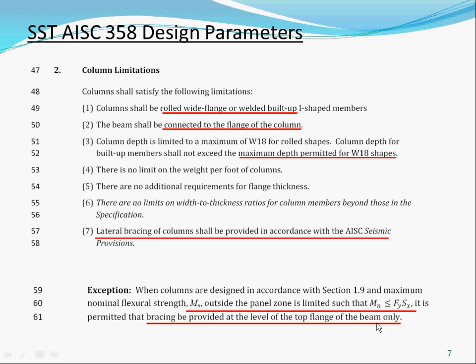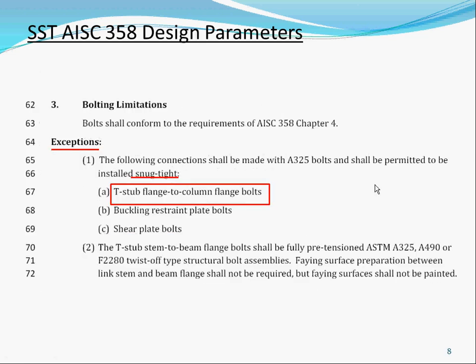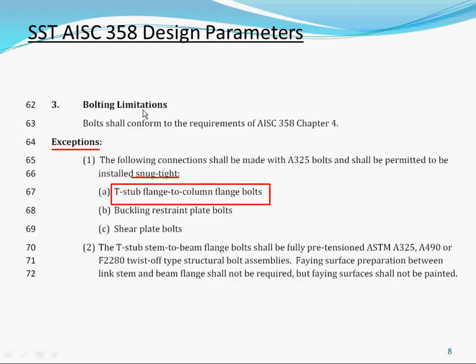If not, then we need to provide bracing at both the top and the bottom of the beam. So this requirement is the big one we have to check. For design, typically this is Zx instead of Sx, and the difference between the two is about 10 to 15%. The Mp is typically that. So that's the exception.